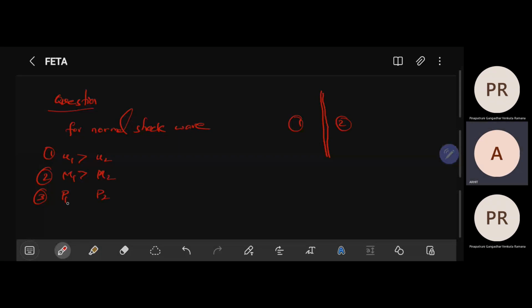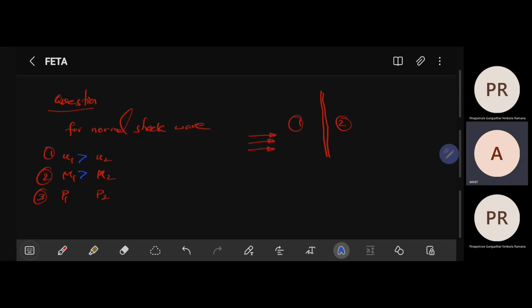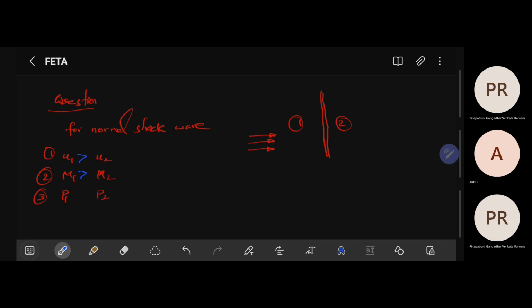According to the shock wave, your flow is like this. P1 is greater, sir, static pressure. No, sir, P2 is greater. P2 is greater. That is right.